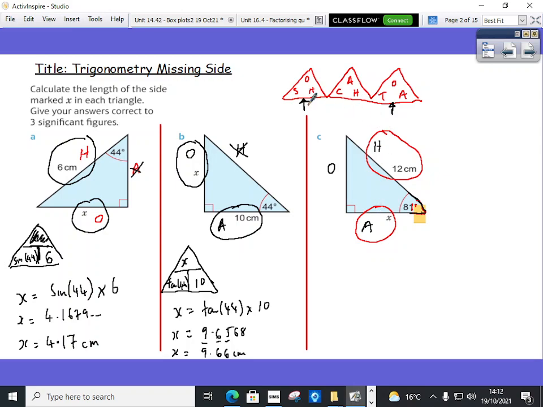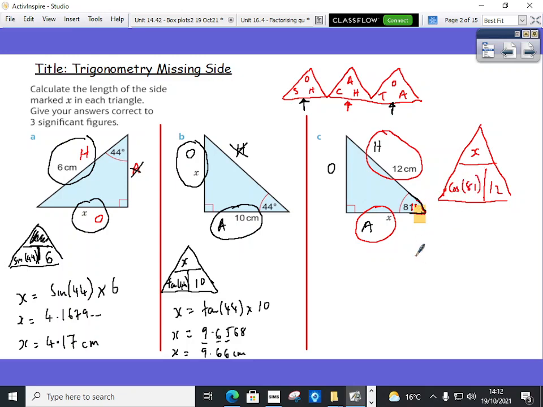So A and H, not that one, but it's this one, which is the cosine. So again, I'm going to draw a nice big triangle so you know what's going on here. This is the cosine, and A in this case is the X that we need to find. H is 12, and the angle is going to be 81 degrees.